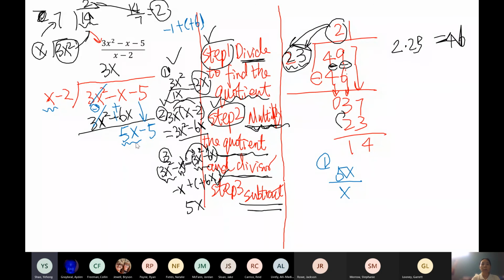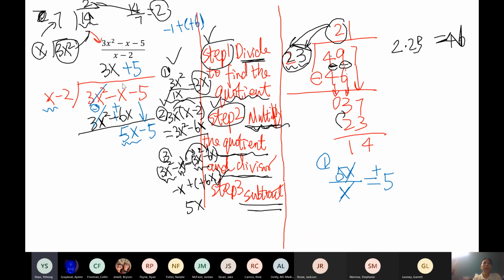The first term divided by the first term. And like Garrett said, you cross out x, you're just going to be left with a 5. So I'm going to put that +5. By the way, you're going to need to put a +5 there. If you don't put +5, it's like multiplication. 5 means positive 5, so put a plus sign there.